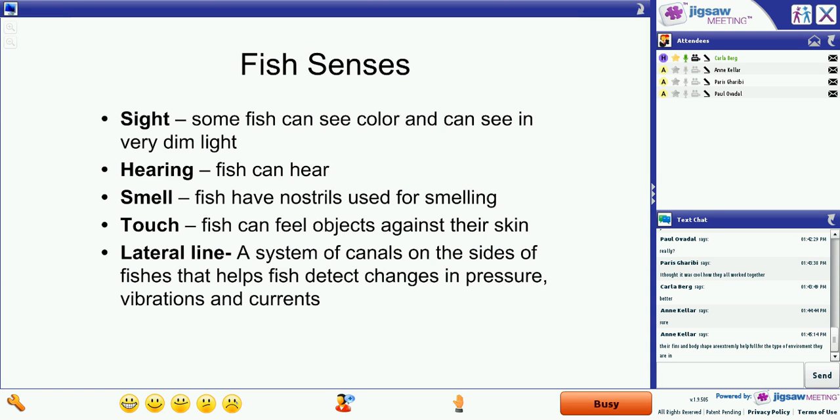Sight. Some fish can see color, and some can see in very dim light. Fish who live in the abyssal zone that we talked about, where there's no natural light, they have huge eyes, and their eyes are adjusted to seeing just light that's given off by other animals. Can anyone remember what we called that?